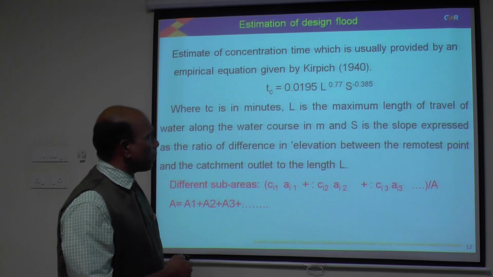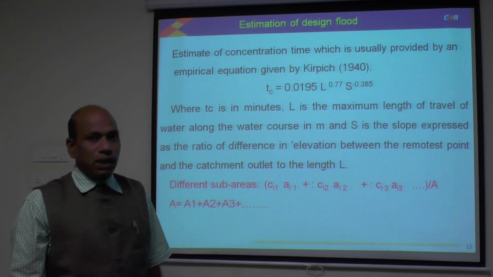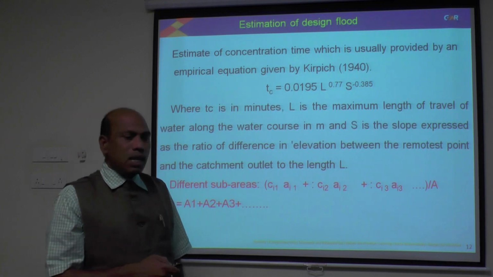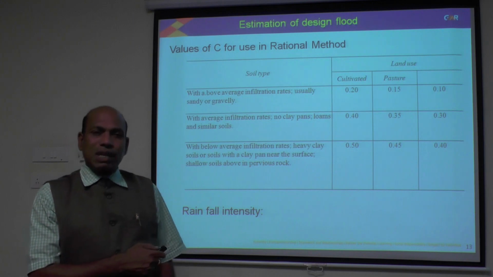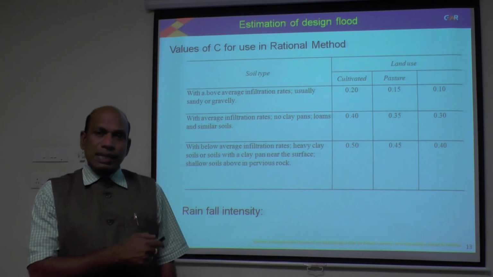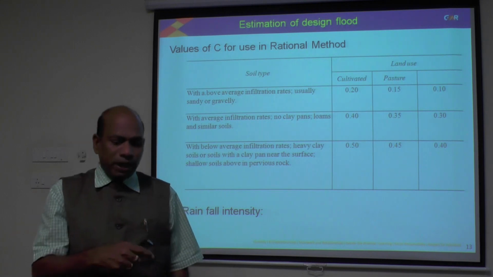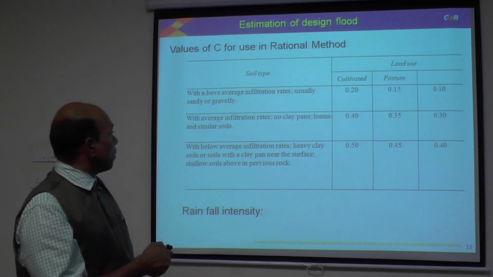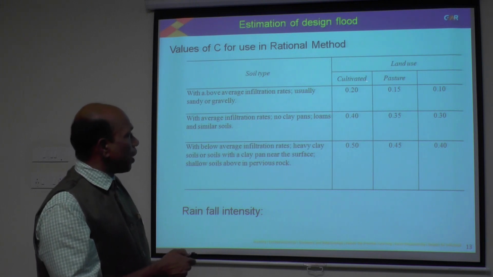Once we know the time of concentration, based on the given intensity of rainfall, then only we are going to use the rational method. Here Q equal to 2.778 CAI. C is the coefficient that depends upon the catchment. High permeable areas, like sand or gravel, the C value is equal to 0.2.